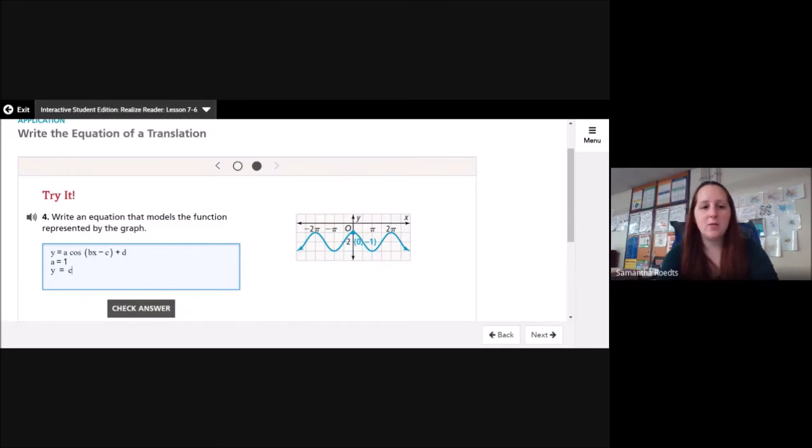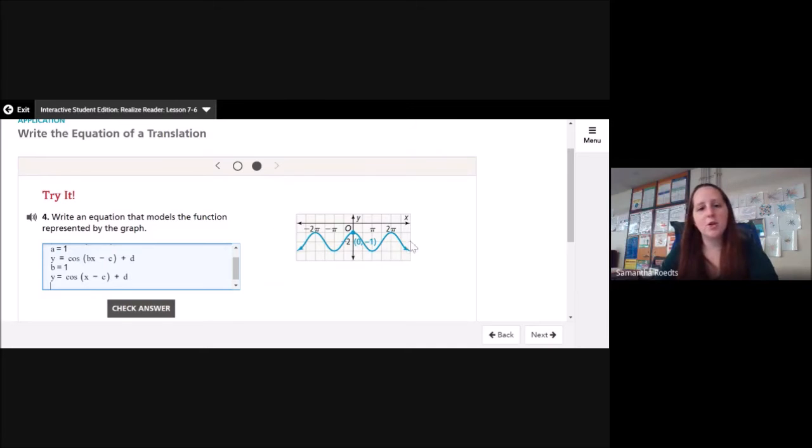So I have y equals a cosine b times x minus c plus d. My period, if I start at 0, I get 1 cycle through 2 pi, so b is 1 as well. So I get y equals cosine x minus c plus d.